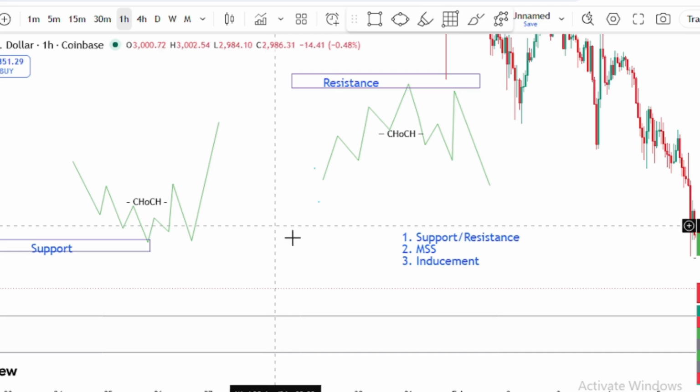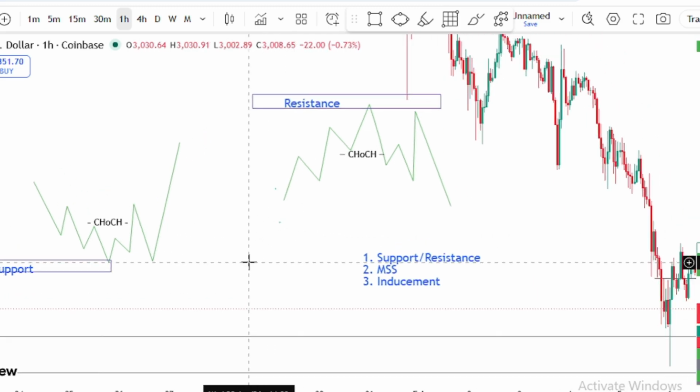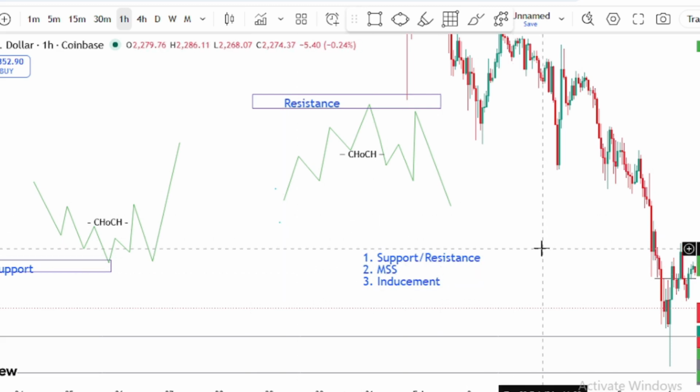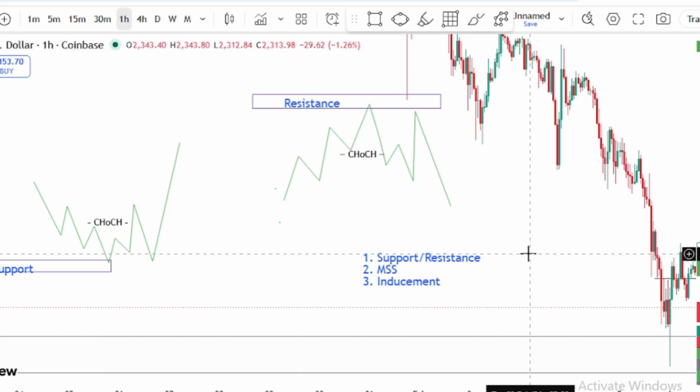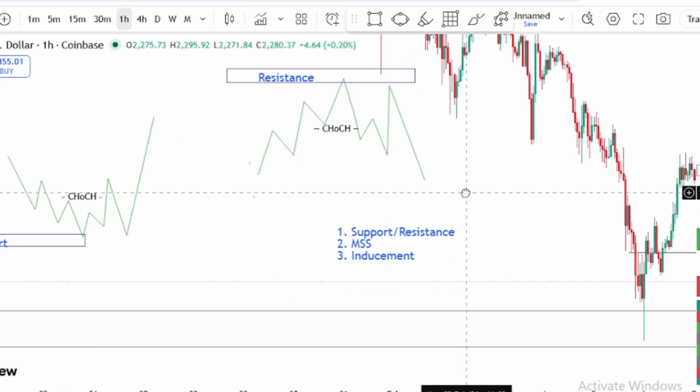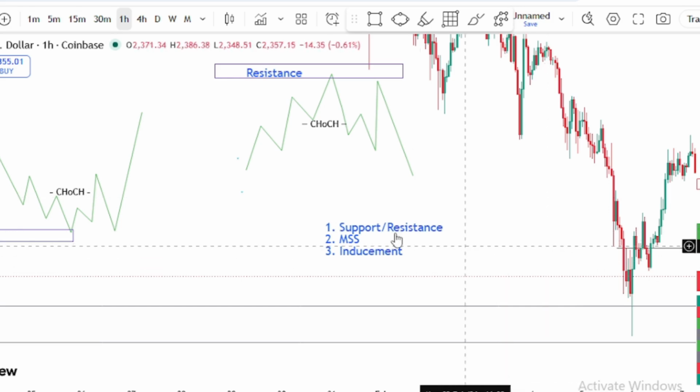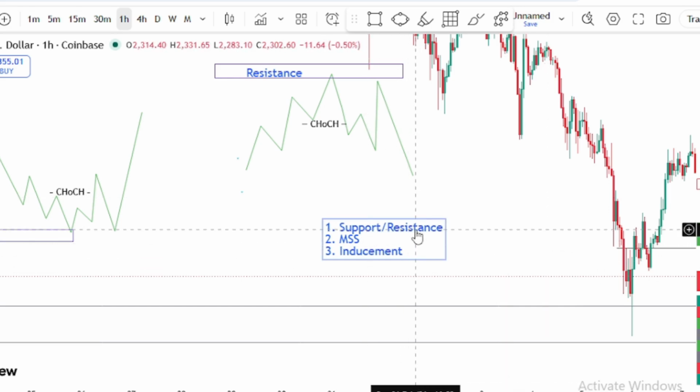Let's get started. We are going to consider two scenarios, the bullish scenario and the bearish scenario. But before that, let's look at those three things you should wait for before placing a reversal trade. Number one is support or resistance.